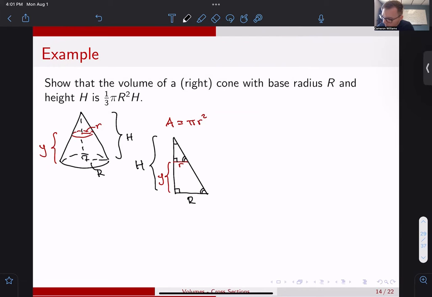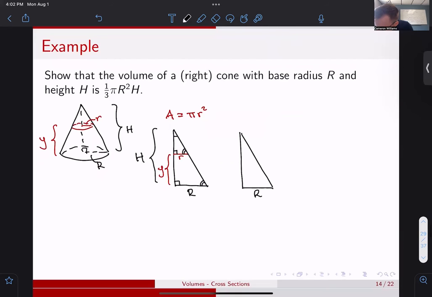Let me redraw this because it got a little cluttered. Let's do the big one first: big R, big H, and the right angle there. Then we have our smaller one: little r, right angle. But we don't have this side length.